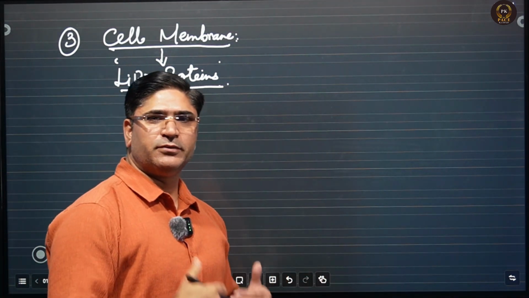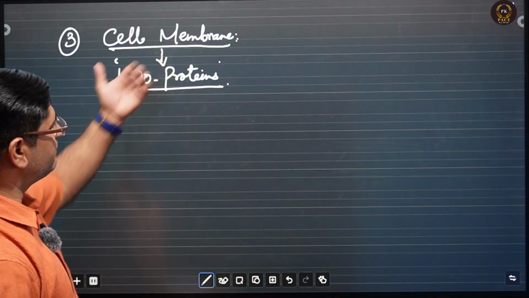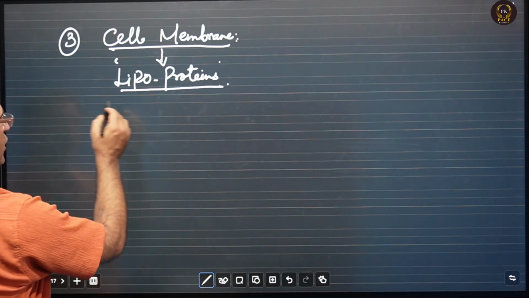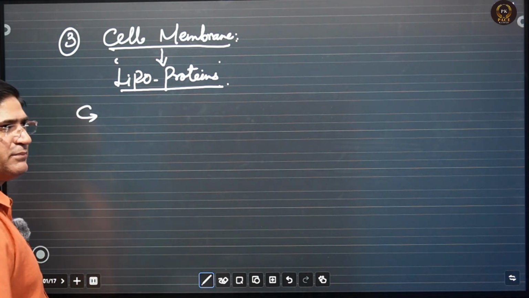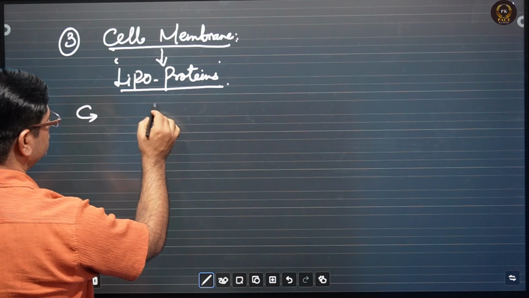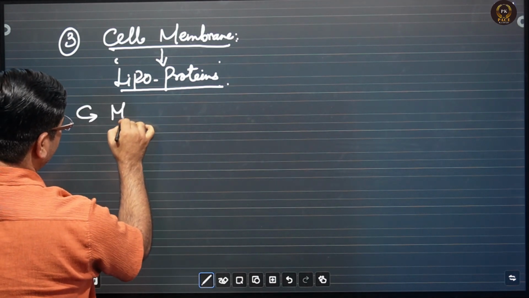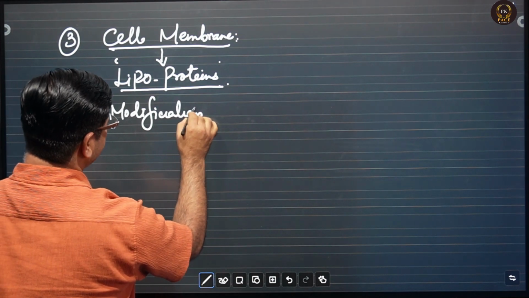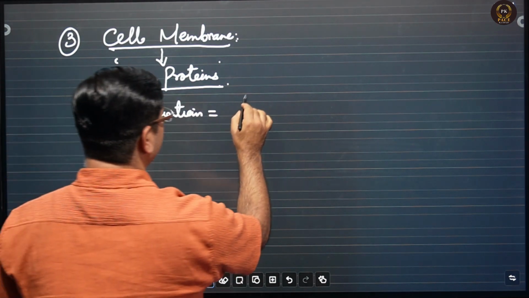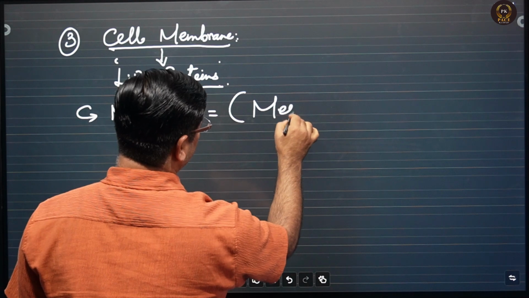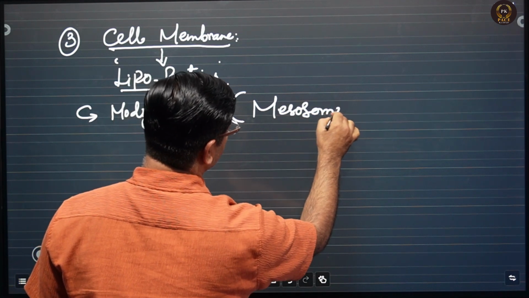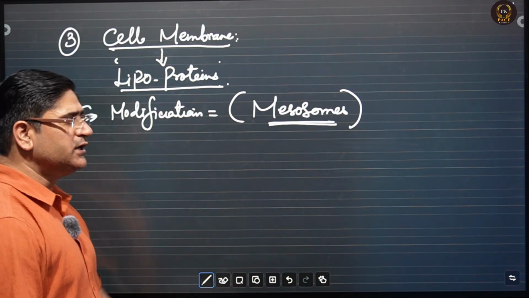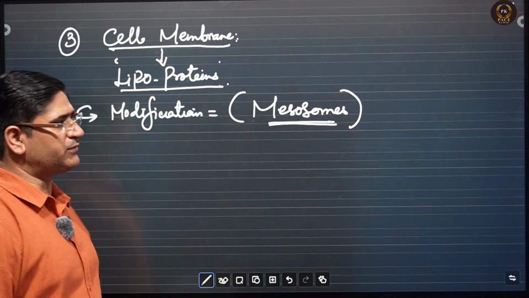Only in the bacterial cell membrane there is a modification, the presence of mesosomes, which I have already shown you in the diagram.